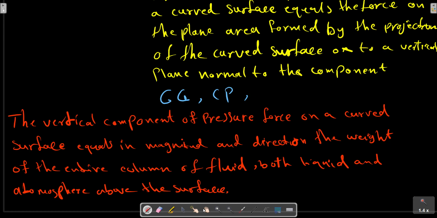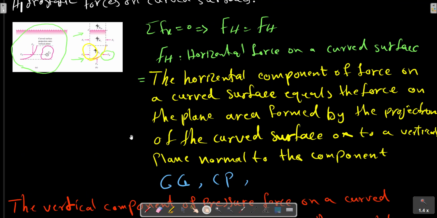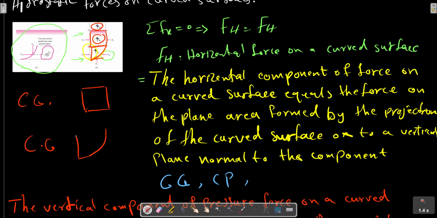It shows in this picture, if you look at this picture again, the weight of, for example, the atmosphere, the first fluid block, which is rectangular, and also the second fluid block, which is a curved area, and there is a relation for CG, the point of application of the weight force.